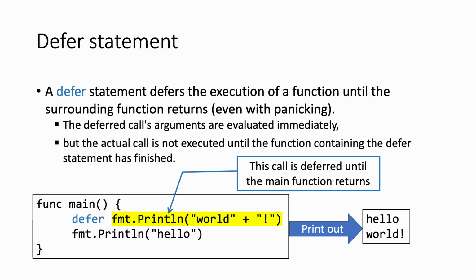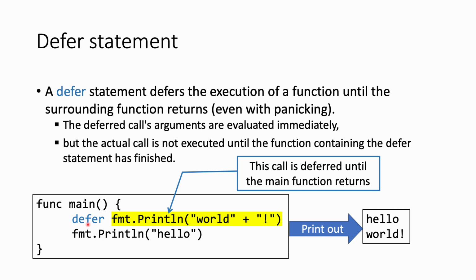Now let's discuss the defer statement, which is a novel mechanism in Go to make things simpler. A defer statement defers the execution of a function until the surrounding function returns, even with panicking. The surrounding function is the function containing the defer statement.